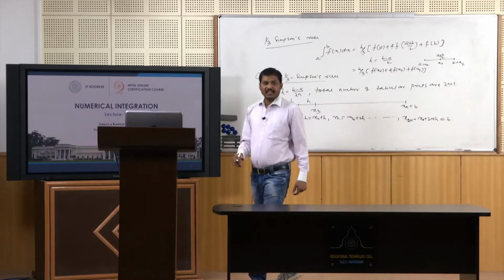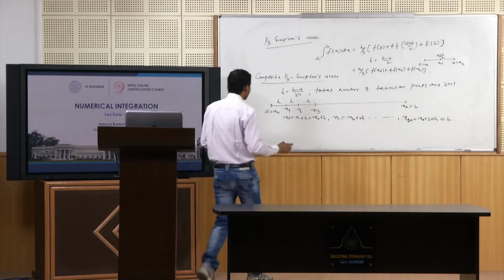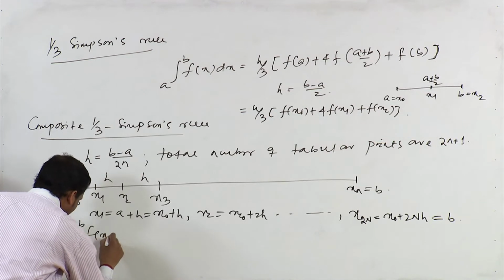If we write this 1/3 Simpson's rule in a composite form, then we can write the integration from a to b f of x dx.